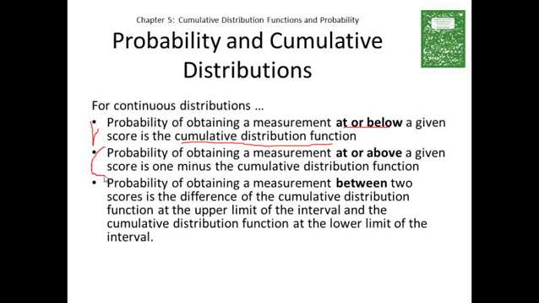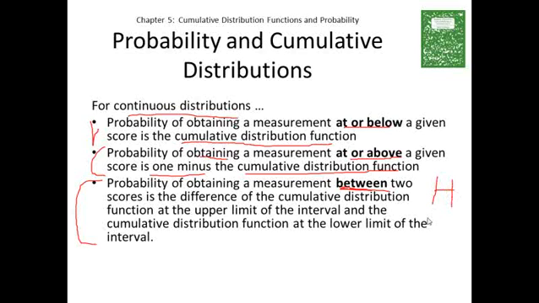But when we look for the probability of obtaining a measurement at or above a given score, we'll take 1 minus the cumulative distribution function at that score. This is for continuous distribution functions, like the normal distribution. We're looking for the probability of attaining a measurement between 2 points. So this is like you have an interval.